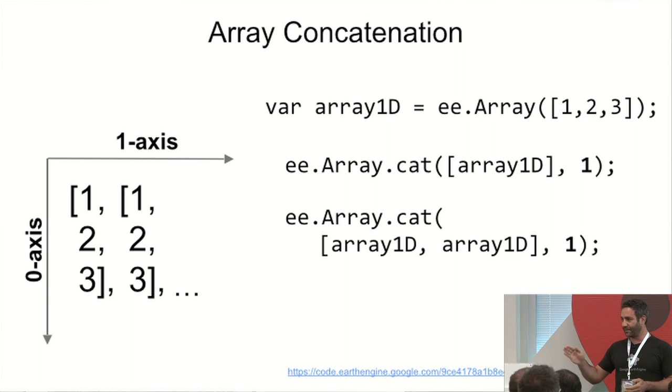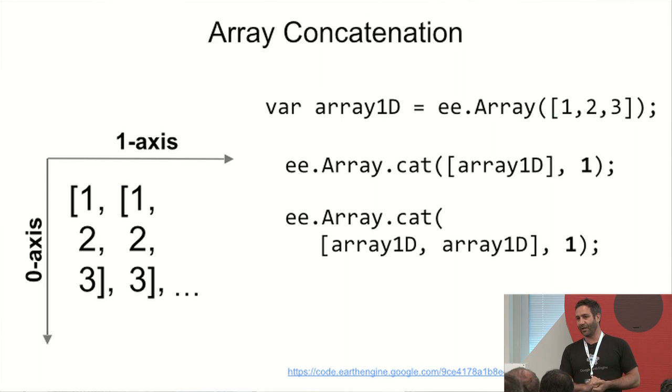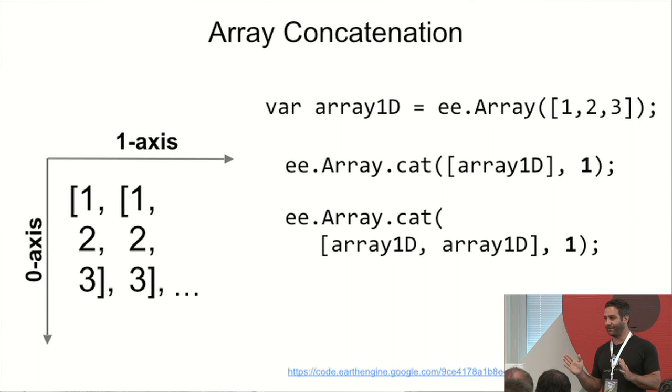And the reason I think it's going to be an error is because Earth Engine can't handle sparse arrays and matrices. In other words, you've got to have something in every position of the array or matrix. So if you try to concatenate a length 3 vector and a length 4 vector along the 1 axis, I believe it's going to throw an error because it won't know what to do. But please be my compiler and tell me if that's correct or not.